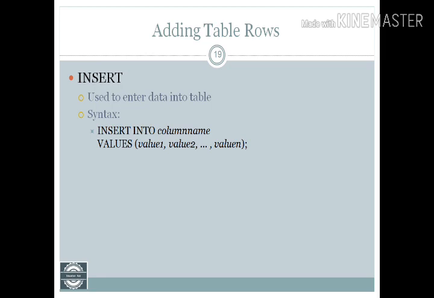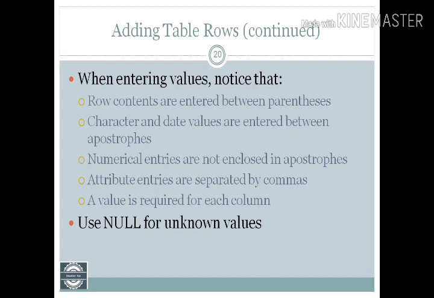Here I have to mention, if the table consists of 7 separate fields, then you have to give 7 values. If any is blank, then within commas you can leave a space, 2 commas you can give, but that should be separate. 7 spaces should be there, not 8, not 6 will be allowed. See here, up to n values is given: value 1, value 2, up to value n.